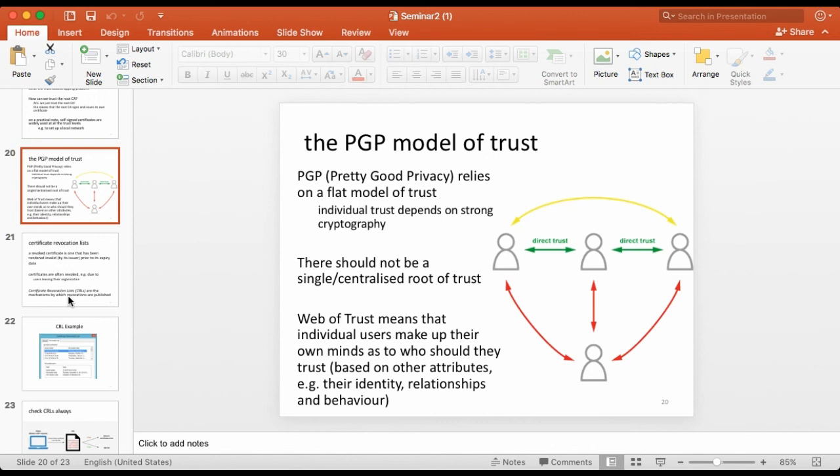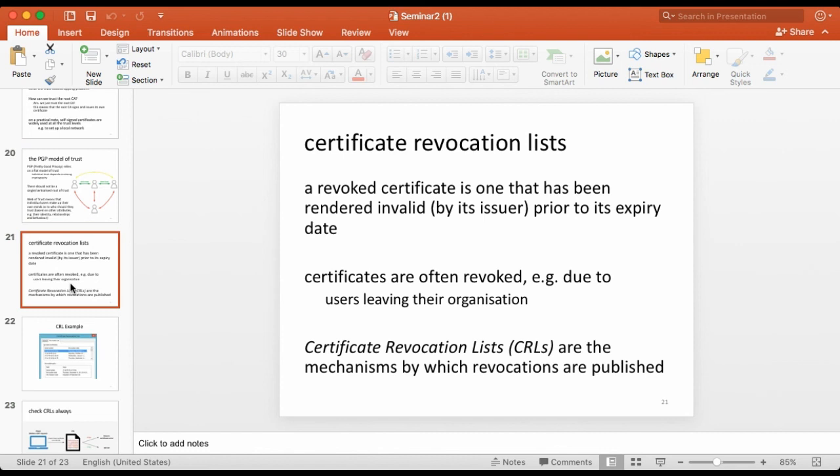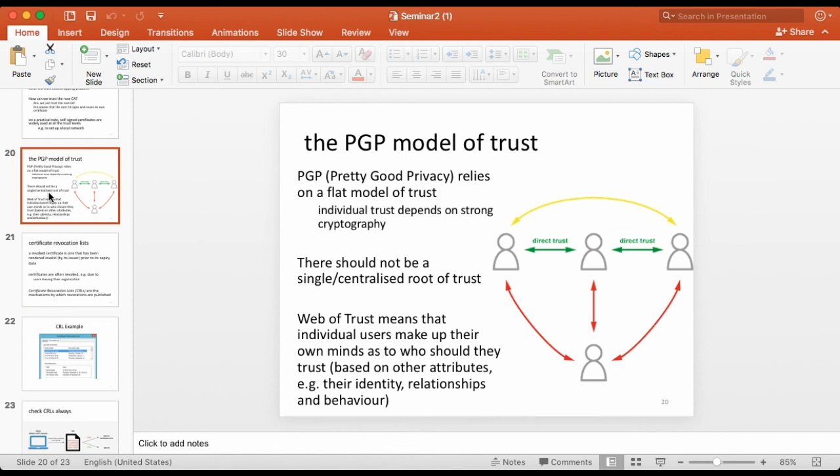And for those that you don't trust, you simply don't keep their self-signed certificates in your database or system. So that's quite a different model of trust than X509/PKI.